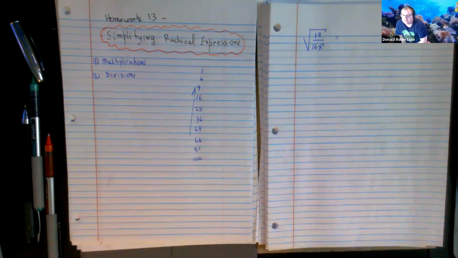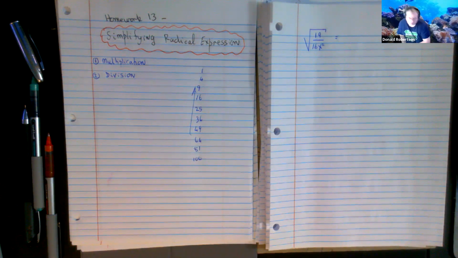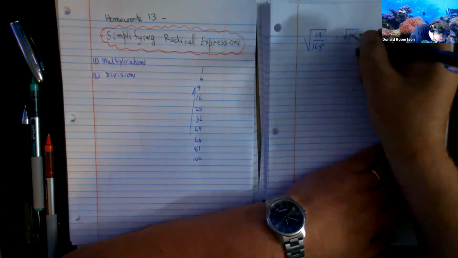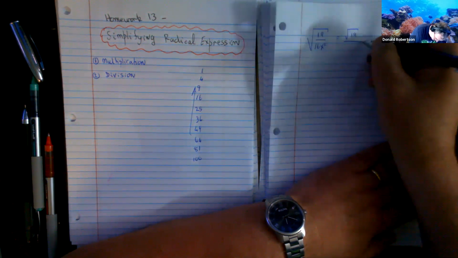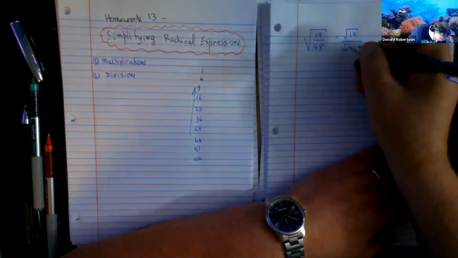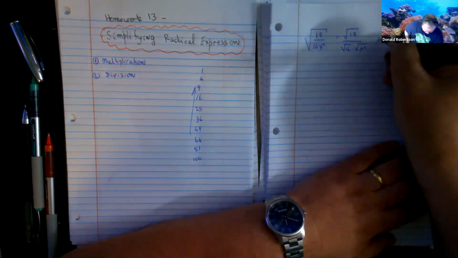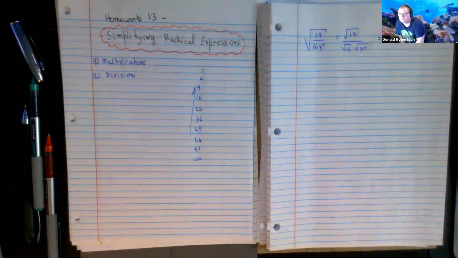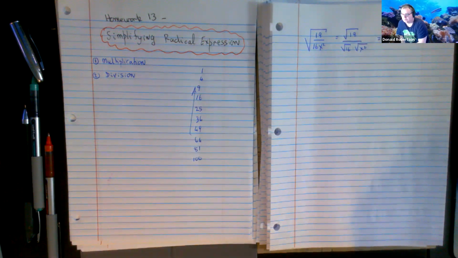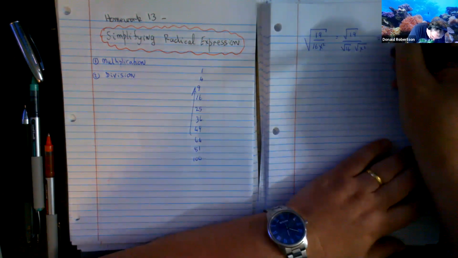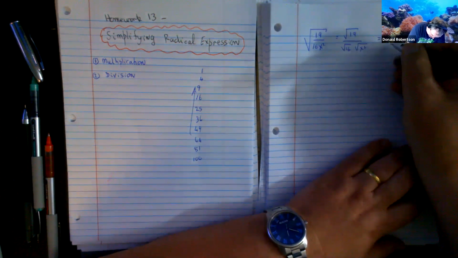So they have been cancelled down as far as that goes. So if that's the case, then what you do next is you split it into their separate pieces. The square root of 19 is just the square root of 19. There isn't any combination here that's going to change it, so leave it alone.